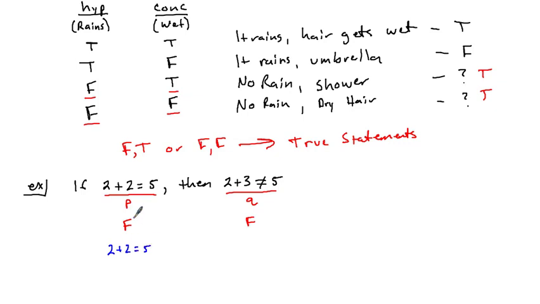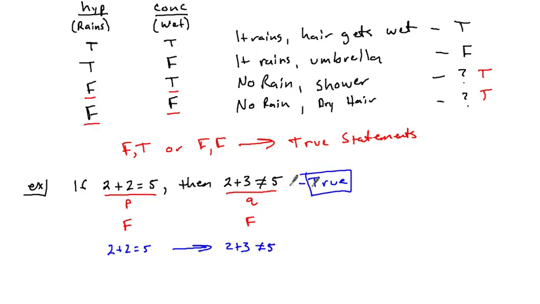We've established that it's false. I get it. It's not 5. But if 2 plus 2 is 5, doesn't that mean that 2 plus 3 can't be 5? Because 2 plus 2 is 5. And so the fact that these are both false makes this a true statement.